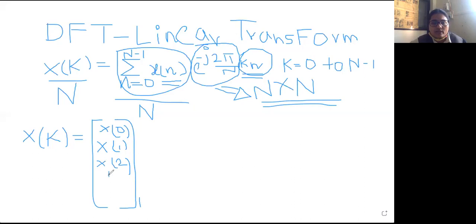In the same way, up to x of n minus 1. We have a total of n samples, and how do we represent them? X of 0, x of 1, x of 2, x of 3. Likewise, the last sample will be x of n minus 1.